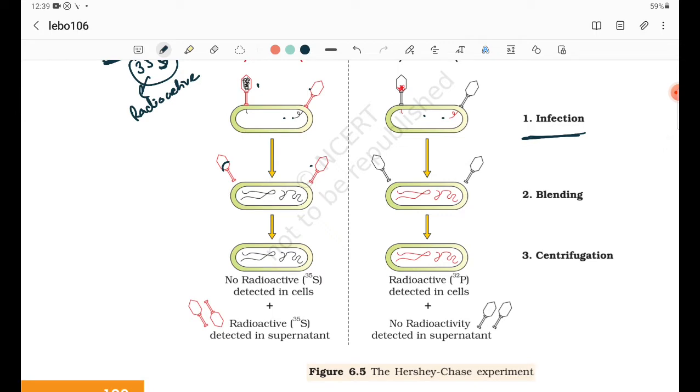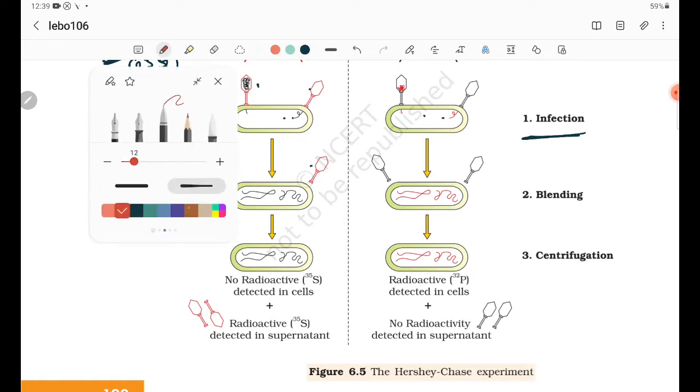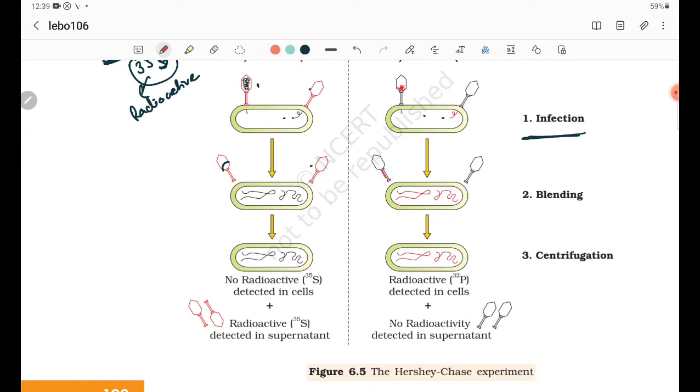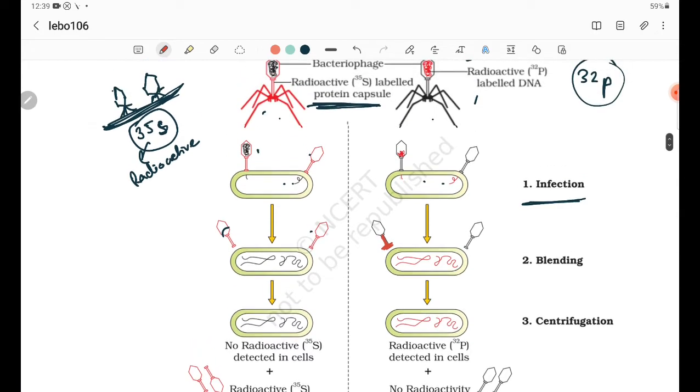Now this diagram has a little bit of a problem. This should be red in color. This is one of the printing mistakes. It was in the old NCERT; this problem was there.